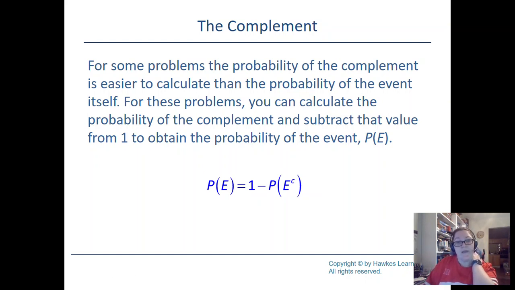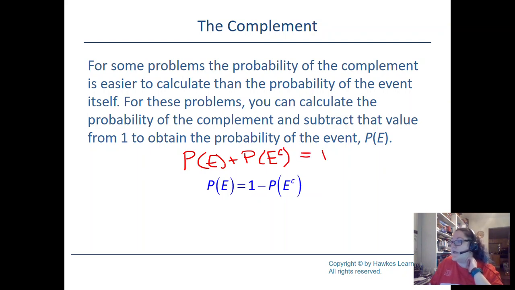Instead of it just being the probability of E plus the probability of the complement of E equals 1, if it's addition on one side of the equal sign, it becomes subtraction on the other. But remember, this is function notation, so that whole thing goes together. It's one big item, like one number, but we're using function notation here.